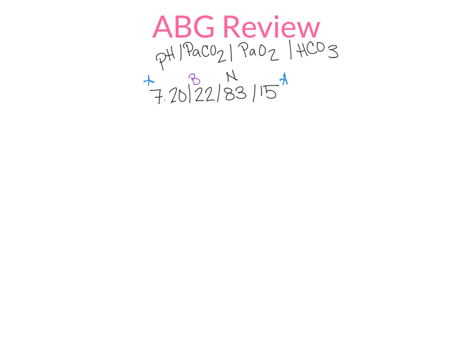Interpreting this one, we can see that all three values, pH, CO2, and bicarb, have changed. So we know that because the pH is not normal yet, it's partially compensated. And we are going to look at which value matches the pH. In this case, the bicarb matches the same value as the pH.